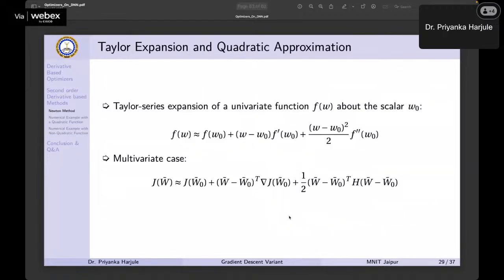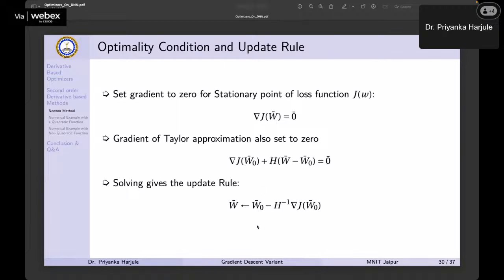If you remember the figure of the valley, this update is basically approximating the loss function with a quadratic function. That is where the biggest advantage of this method lies, and in a single step, it moves exactly to the minimum point.